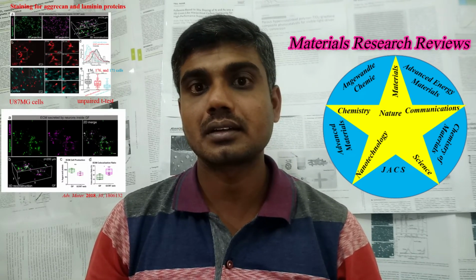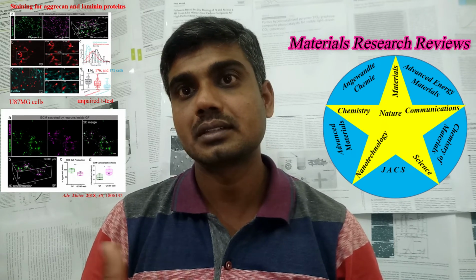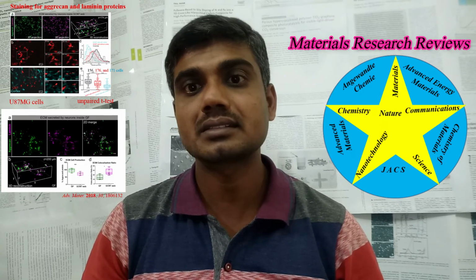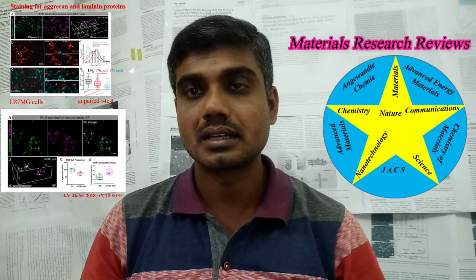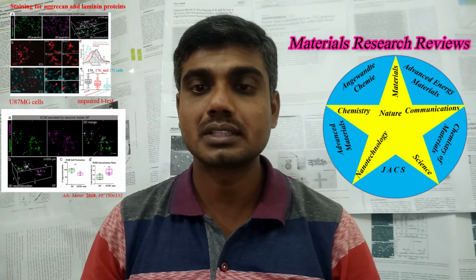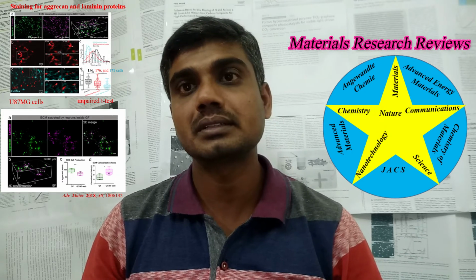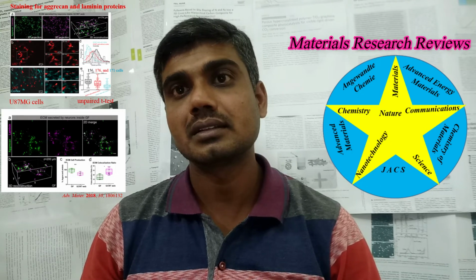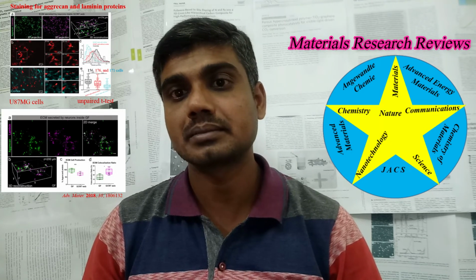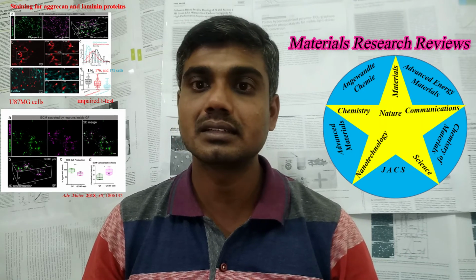After that, the staining for aggrecan and laminin protein, the extracellular matrix, with the CNT web and graphene foam, they compared both. Here is the fluorescent label experiment, with U87 MG cells growing inside the CNT web.